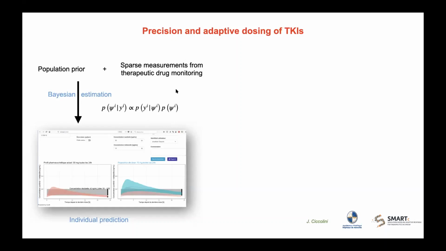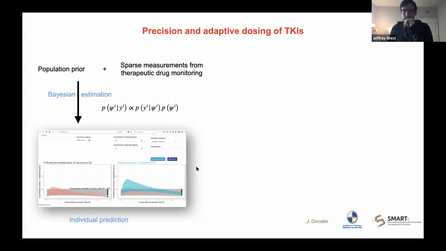I mean, we do it every morning. Joseph Ciccolini, who is the pharmacologist, he's not a modeler, but he's using the software that was developed in the team by Athanasius Iliadis, who was an engineer, but has been working on this since the 80s. And every day he's using this to predict and to adapt the dose. So in this case, it's online.